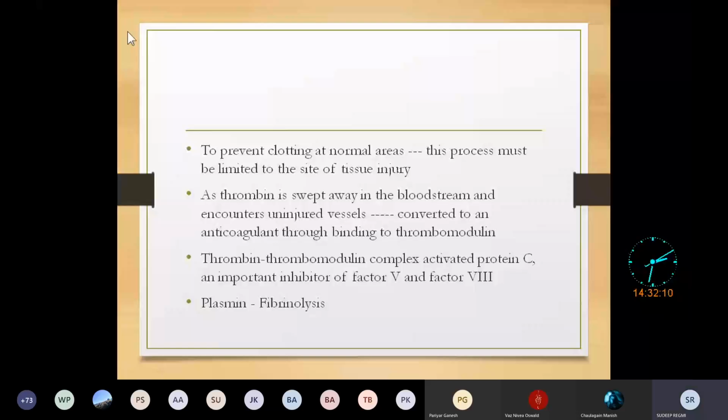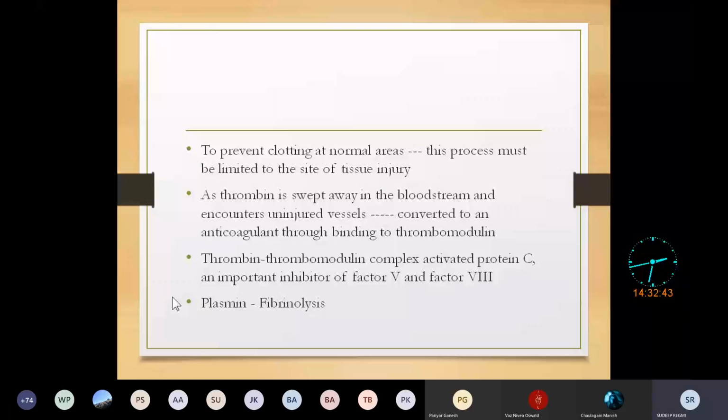In the area of the normal endothelial lining, the thrombomodulin complex, which activates the protein C, inhibits the factor 5 and factor 8, so that there won't be formation of the clot. And if already a clot has been made, then there will be fibrinolysis by plasmin.